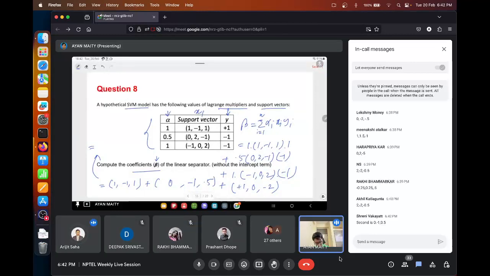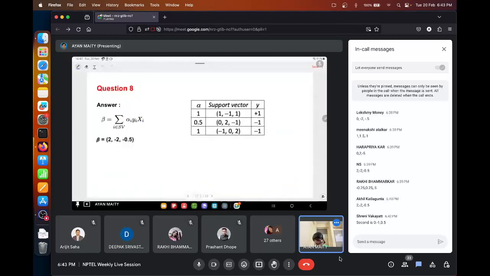Now I think it would be right. The first component is 2, the second is minus 1 minus 2, so minus 2, and the third is 1.5 minus 2, so minus 0.5. So 2, minus 2, minus 0.5. Yes, this is the correct answer.